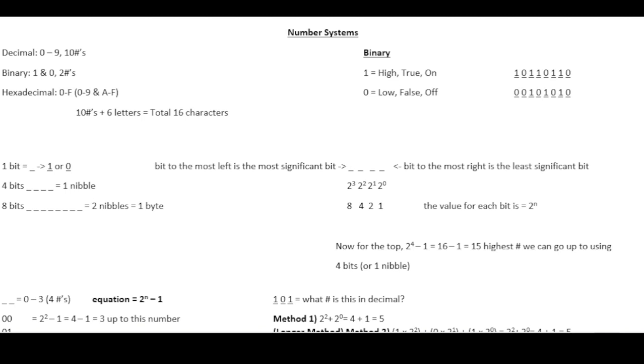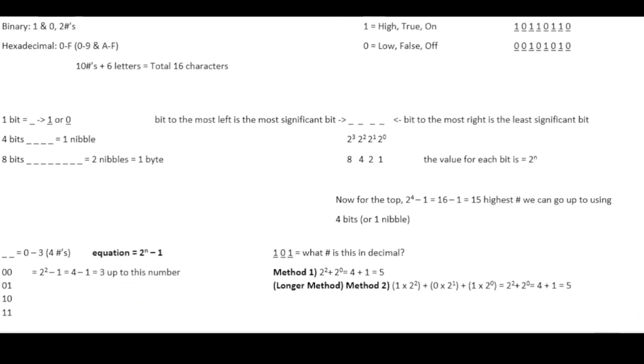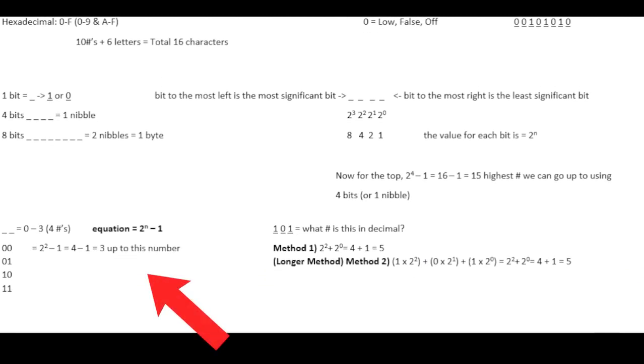So if we have 2 bits, if you can see in the bottom left corner, this stores a combination of 00, 01, 10, 11. There are 4 numbers from 0 to 3, and the equation would be 2 to the power of n minus 1.